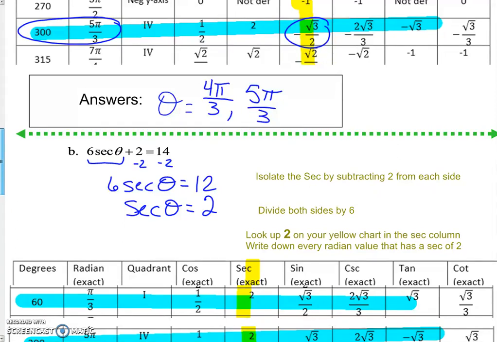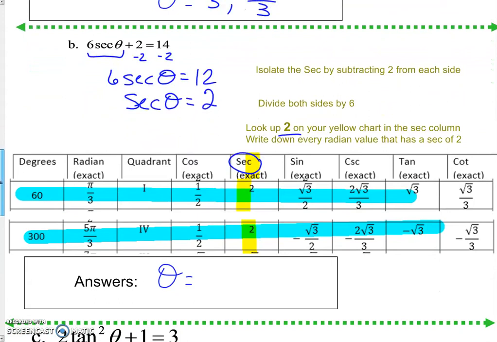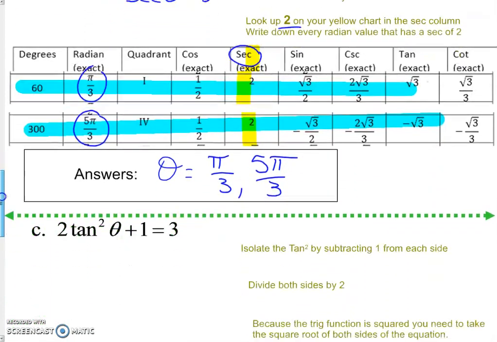So under the secant column, you want to look up 2 on your trig library and write down every radian that has a secant of positive 2. Notice you'll have 2 of them that have negative 2. I went just the positives. So our answers are going to be pi over 3 and 5 pi over 3. If your trig library is a handwritten one, it does not match, make sure you grab a yellow one. There should be some up in the tray up front.